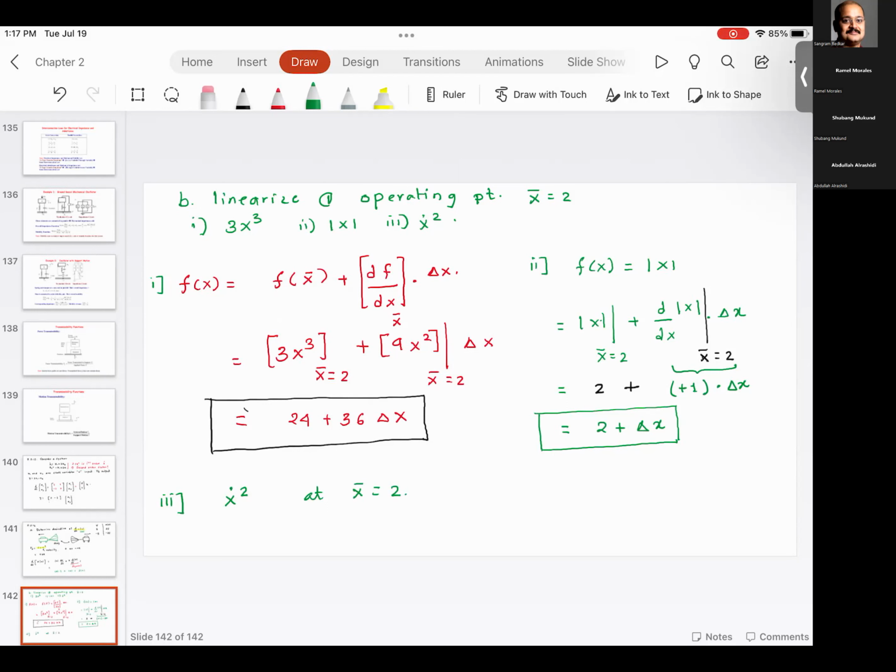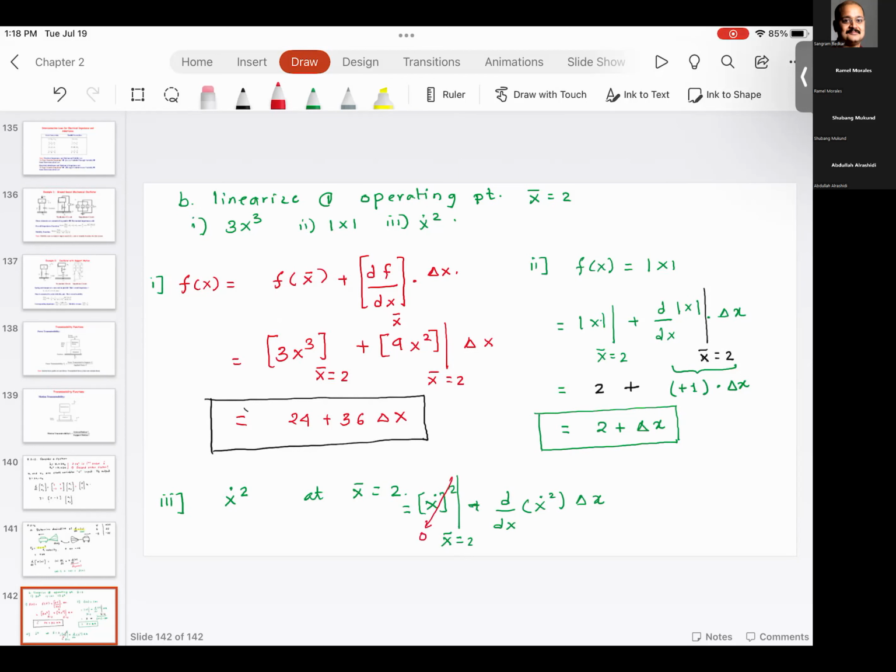So it's going to be d by dx of x dot square times delta x plus x dot square at x bar equal to 2. Here is something interesting. When x bar is 2, which means x is constant, this x dot is going to be 0. This guy becomes 0.